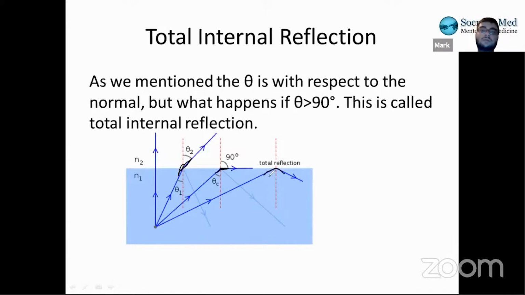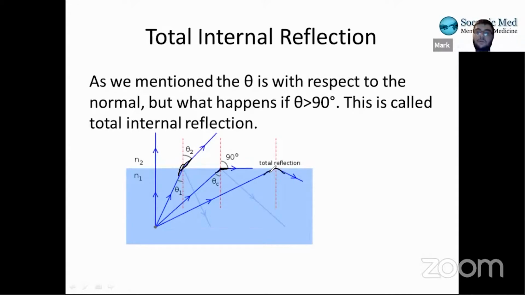Total internal reflection can only happen when you're going from a higher index medium to a lower index medium. So say water to air or glass to air. It can never happen when you're going from air to water. The reason for that is because when you're going from air to water, from a lower index to a higher index, the angle actually has to decrease, right?